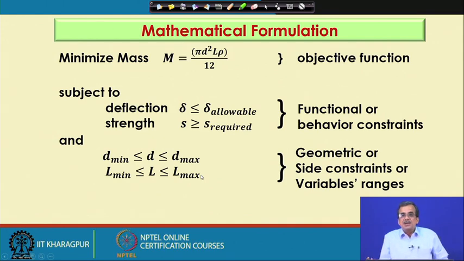These are nothing but the variable bounds or the geometric constraints. So in this mathematical formulation, minimize mass is the objective function subjected to two conditions, the functional or behavior constraints, and the variables d and L have some range, which are the geometric or the side constraints.